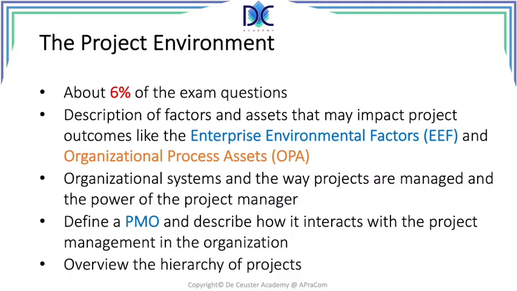Enterprise environmental factors relate to internal and external factors of the environment in which you are working, while the organizational process assets are about the knowledge that you already have, the processes that you have implemented. And it's very important to understand that once you're working in a project environment, everything you will learn will become part of those organizational process assets, the OPAs.